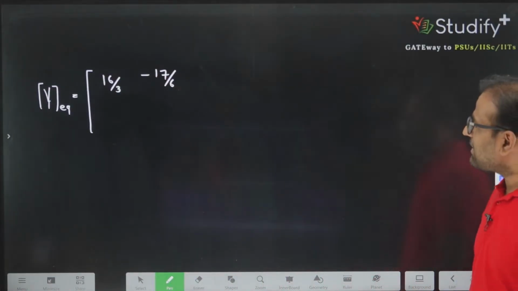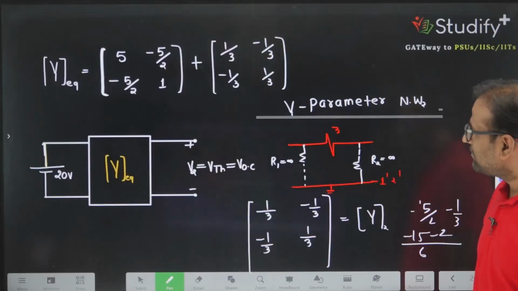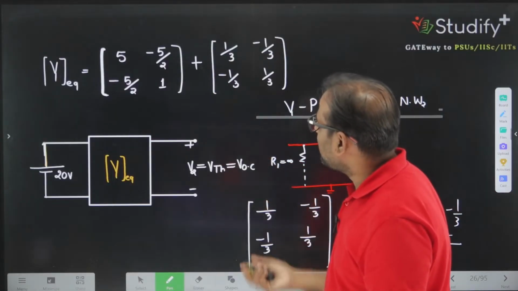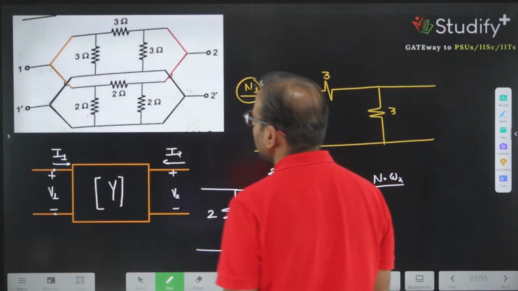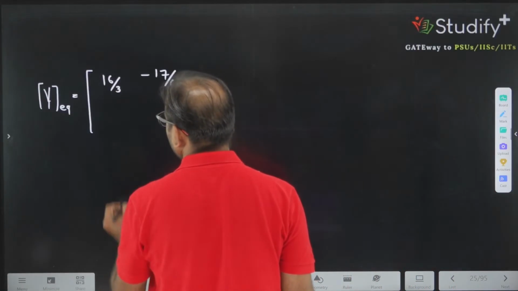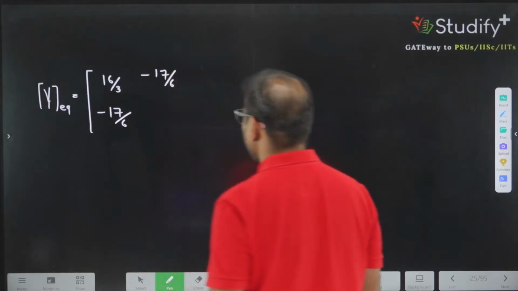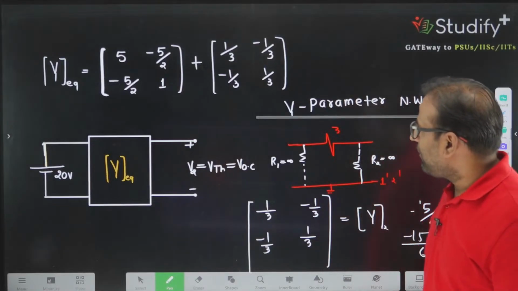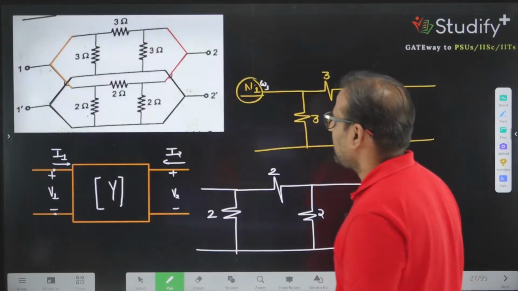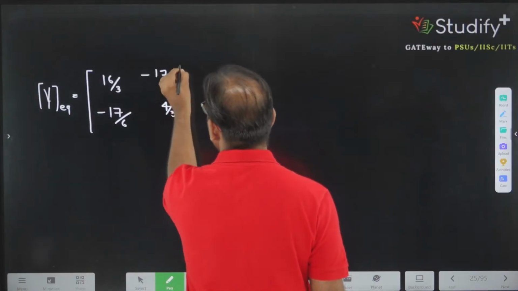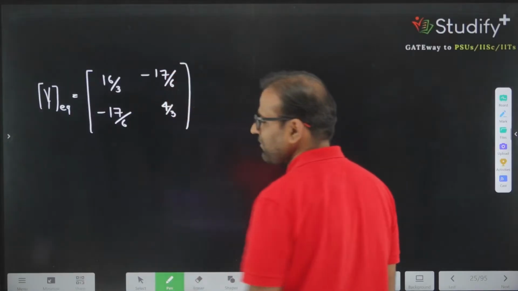Then what is next? Next we are having minus 5 by 2 and minus 1 by 3, still same, minus 17 by 6. And what else we are having? 1 plus 1 by 3 is 4 by 3. So you have converted your whole network into this Y parameter.